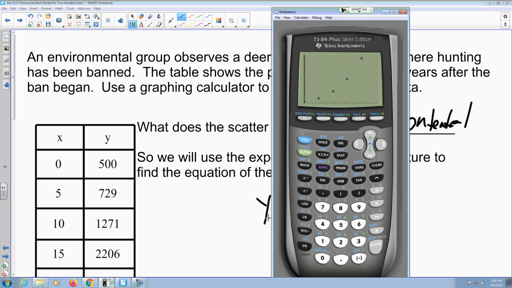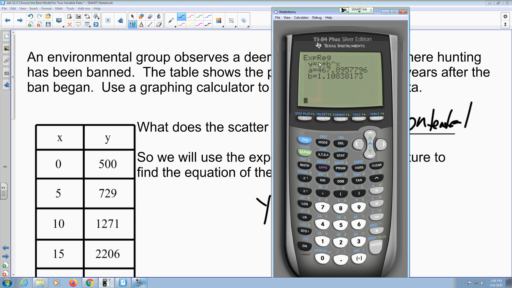So now I'm going to go back here, second quit, go back to stat, go to calculate. I want to go find that in this calculation. So I have exponential regression, which is what we're looking for. So I hit enter. Now I go to L1, comma, L2, hit enter.